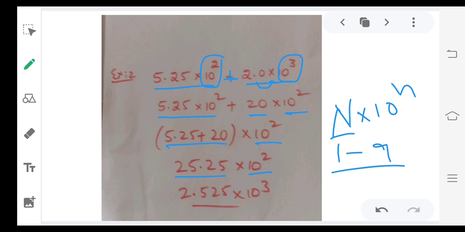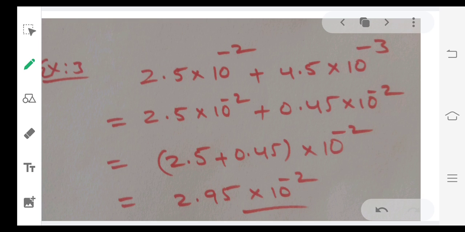So here 25 is not between 1 to 9. If you want to convert the final result into scientific notation, you have to move this point towards the left side. So you will get 2.525 into 10 power 3. This is the final answer.